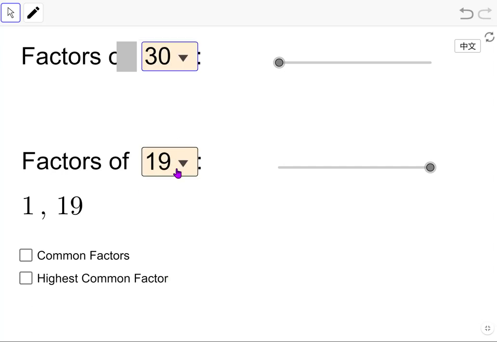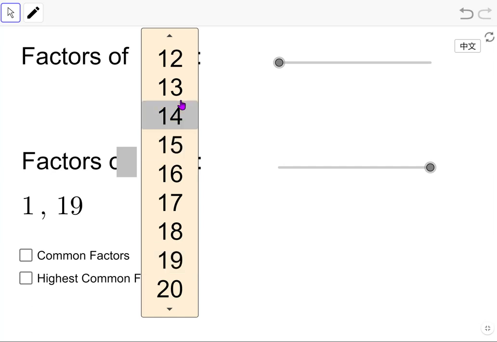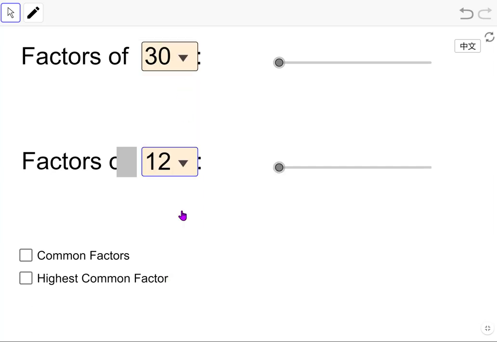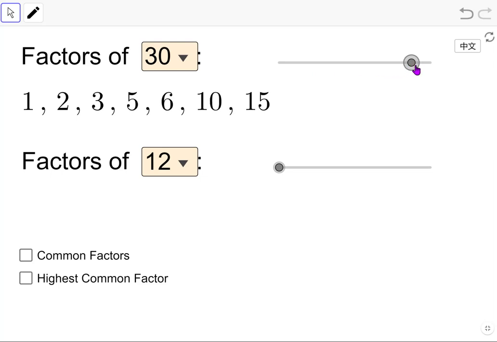So let's go with 30 and 12. Okay, now this is a triprime. There are 3 prime numbers in it, so there's going to be quite a lot of pairings. Okay, so there are one pairing, 2 pairings, 3 pairings, 4.